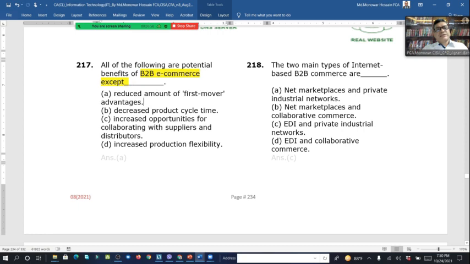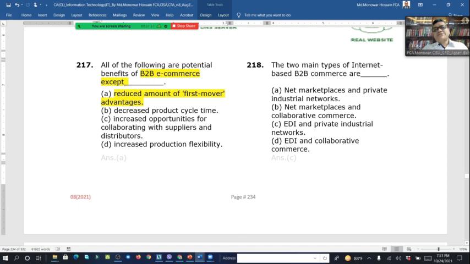So here, if you see, decreased production cycle time is related to business, increased opportunities for collaboration with suppliers and distributors or supply chain management, and increased production flexibility. So three items are related with business to business e-commerce, but reduced amount of first mover advantage is not related with business to business e-commerce.